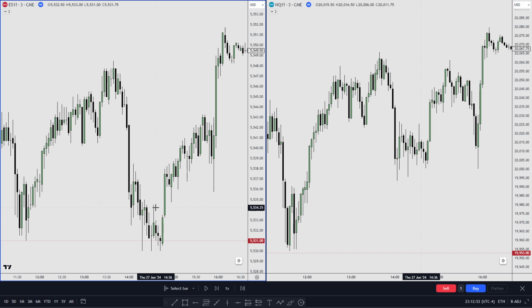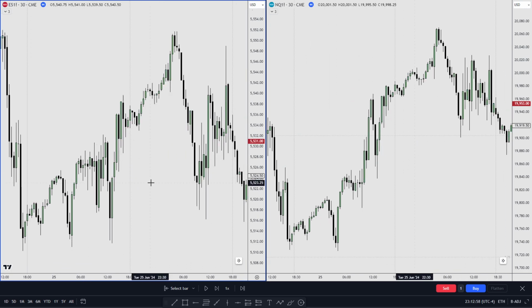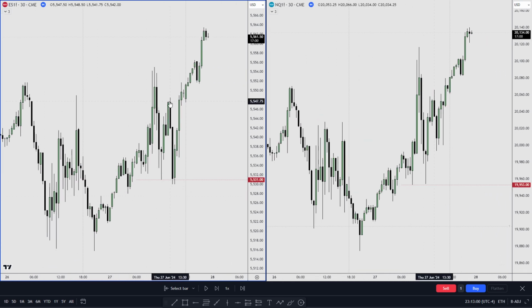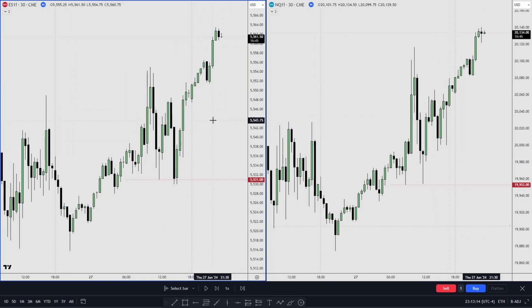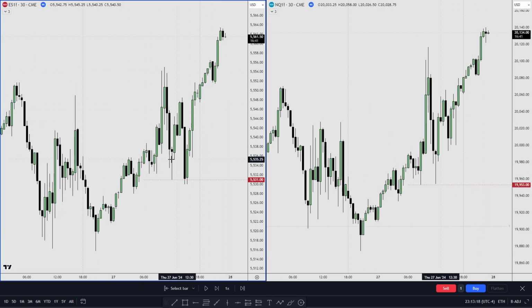So no setups present in the PM session, even though we have SMT on the lows. Even the 30 minutes, well, it dragged all the way into the Asia session. Yeah, so the only setup was in today's Asia session, continuation from the PM session.